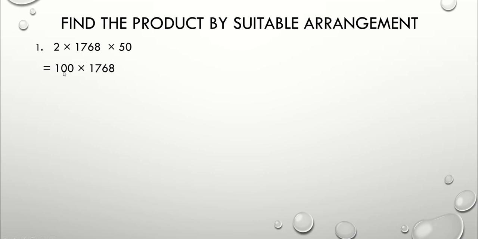So 50 times 2 is 100 and the rest of the number 1768 will come down. Now it is very easy to multiply and get the answer. So you will write 1768 ones are 1768 and two zeros at the end.